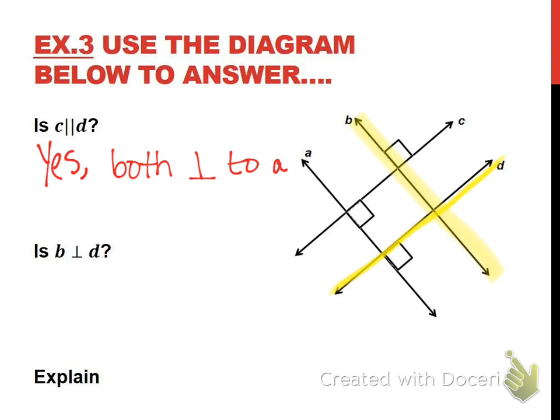Perpendicular. So I would say yes because D is parallel to C and C is perpendicular to B. So that means that D would also have to be perpendicular to B. Does that make sense? Questions, concerns about it?